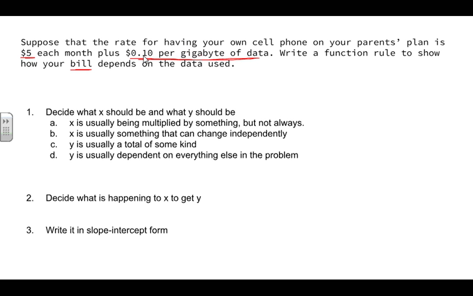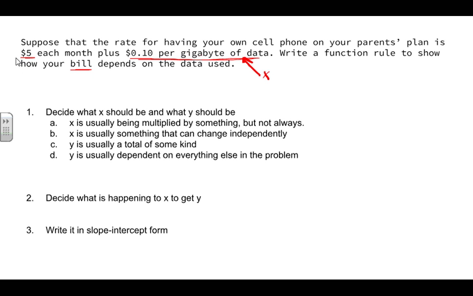So the amount of money you're being charged here depends on the gigabytes you use. Since you would multiply your 10 cents and your gigabytes, this is going to be our x. All right, so that's going to be our x.